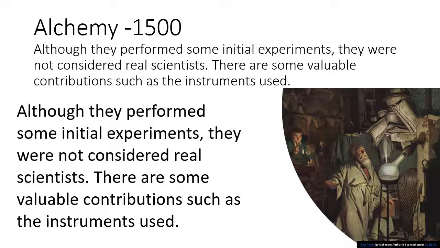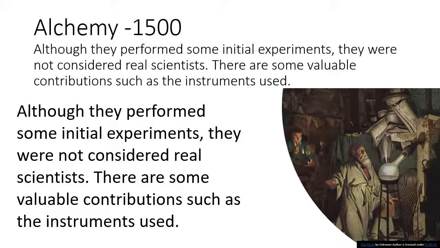Now, alchemists are not considered to be scientists. And these initial experiments can sound a little funny, but in this process of trying to create gold and coming up with the Philosopher's Stone, they made some important contributions to modern day chemistry.